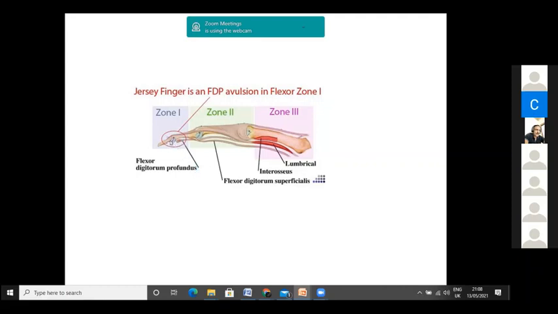So if you have an FDP tendon injury from the distal phalanx, you can make a tunnel and reinsert, but we never do it. Why? We know that the healing will be less, but still we don't make a tunnel.